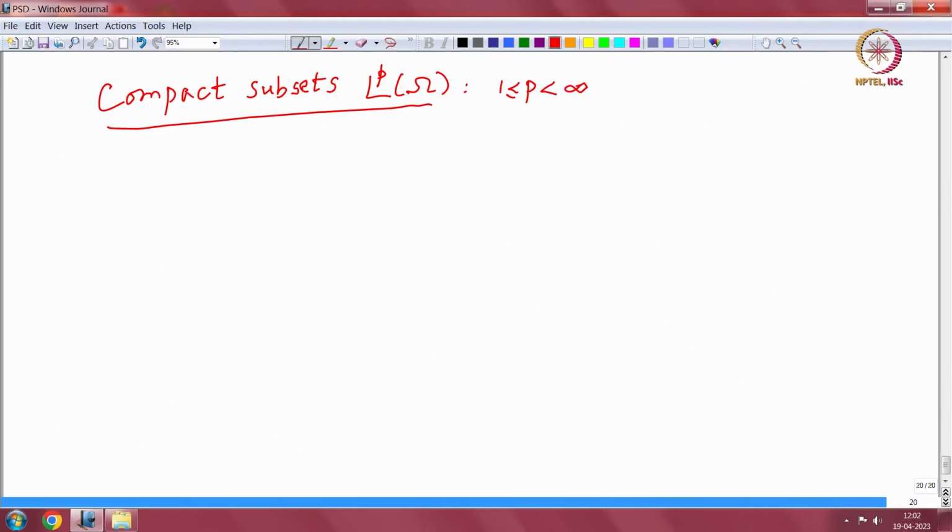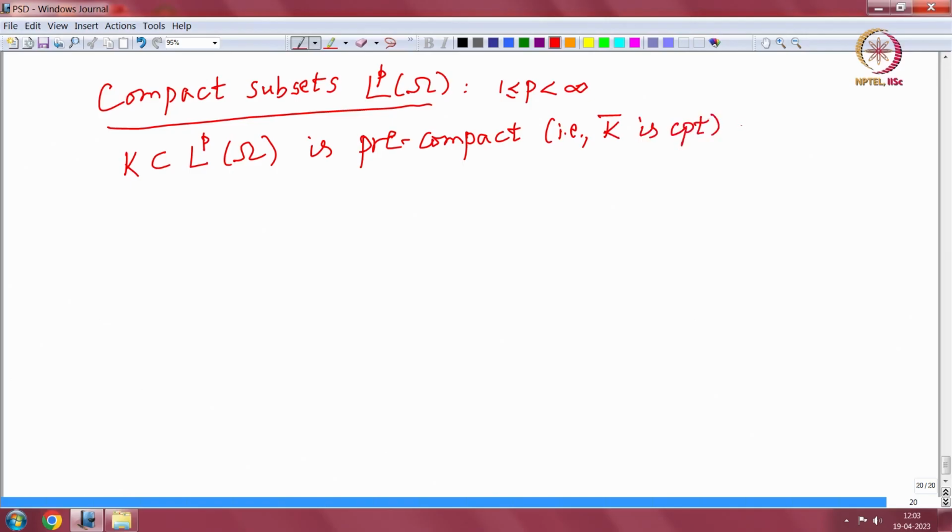So this is the theorem: K in LP omega is pre-compact, that is, K bar, again this closure is taken with the LP norm, compact, if and only if the following statements hold.